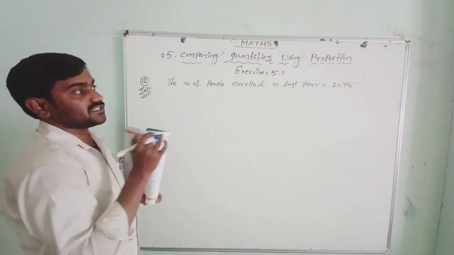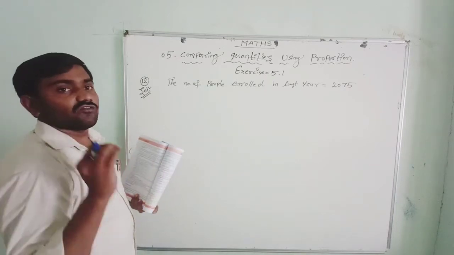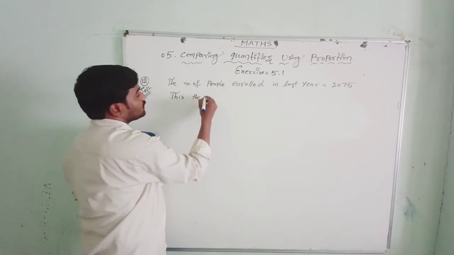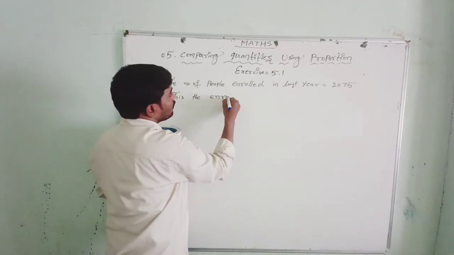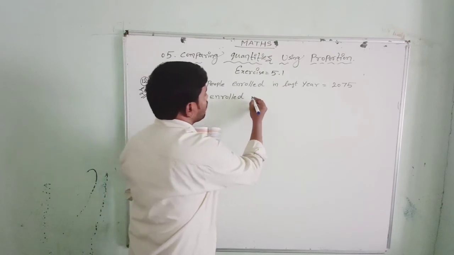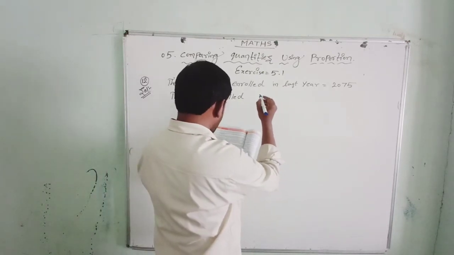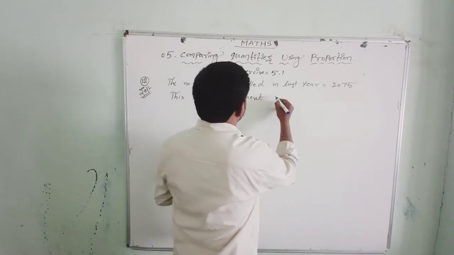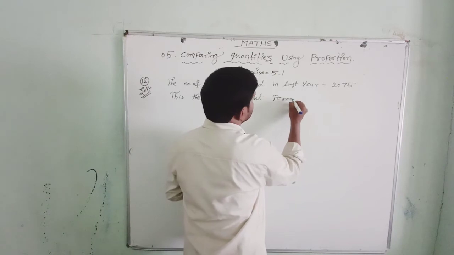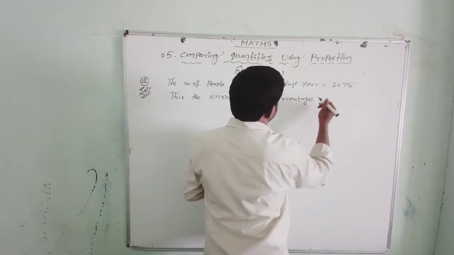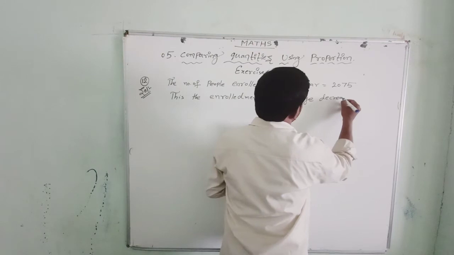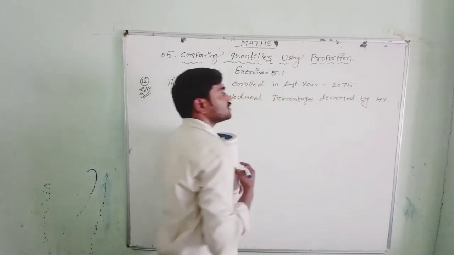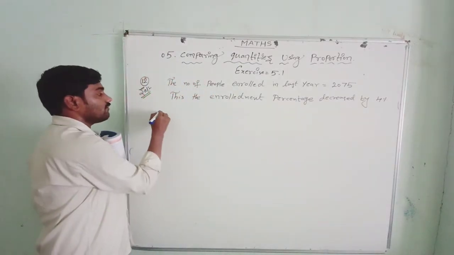The percentage decreased this year, the enrollment percentage decreased by 4%. Then what we need to find out?